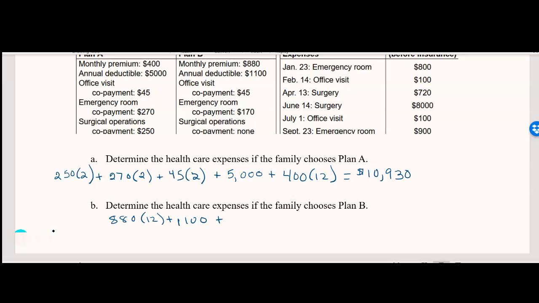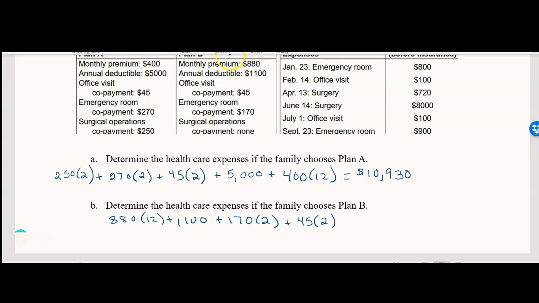Then we have emergency room visits. Now we had 2 emergency room visits, and with this plan, that's a copay of $170. 170 times 2. Then we had 2 office visits. That copay is $45. And do we have anything else? Surgical operation copayment.